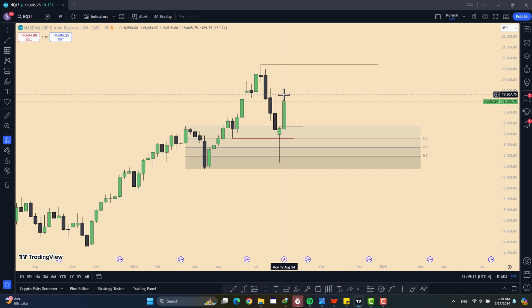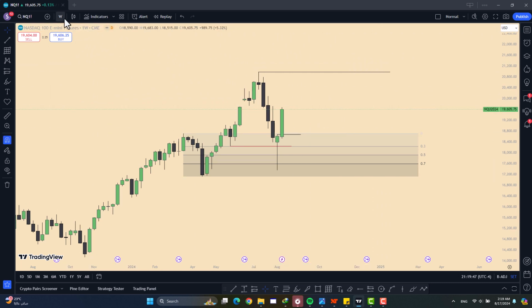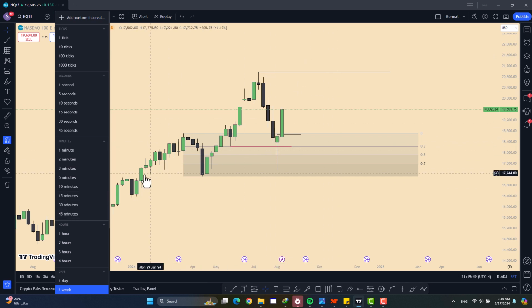First of all, we are inside this zone, so we are expecting a rejection. Second, we swept this low and failed to close below it, so the favorable move is to the upside rather than the downside. This is how you trade with probabilities. Do you think that price from here is going to run this low or this high? The probabilities say that it's likely to run this high, and this is the final target. So this is the weekly time frame, and we can expect a higher movement.